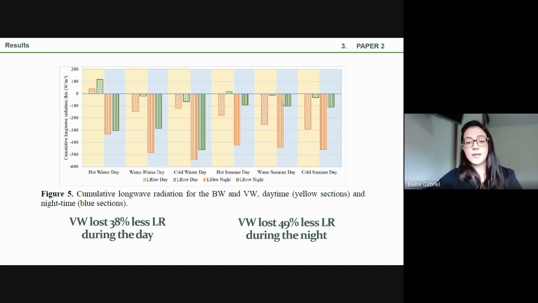During the daytime, the vegetative wall lost on average 38% less long-wave radiation than the bare wall, and during the nighttime around 50%. The maximum difference between the two walls was recorded on a cold summer day, and the vegetative wall lost less long-wave radiation energy than the bare wall due to the thermal barrier effect provided by the plant layer, even during the winter when it lost its leaves.